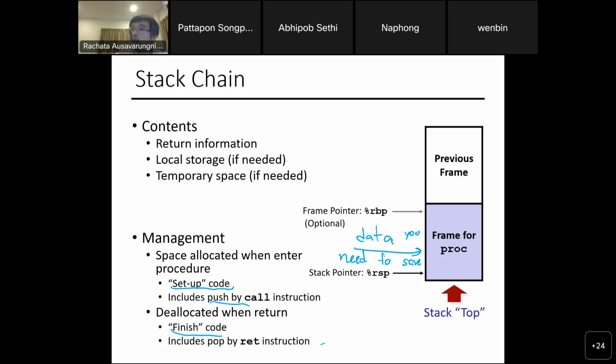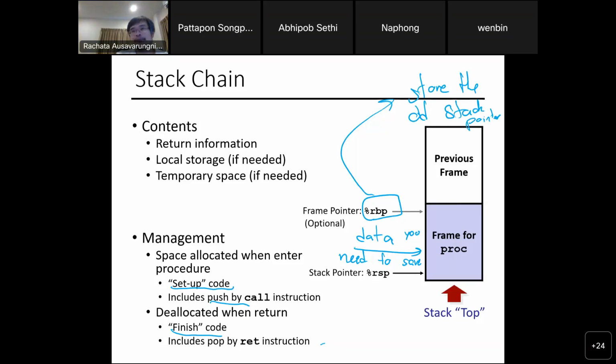Now, there's one special register being used here that you haven't seen before. It's there to make your life a little bit easier. It's called the base pointer. The base pointer stores the old stack pointer.